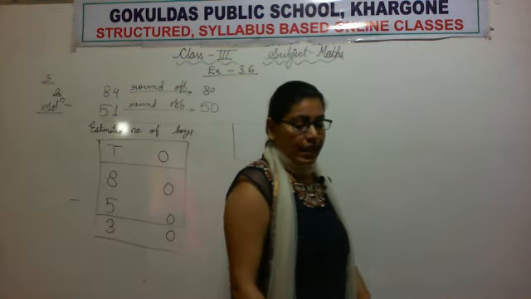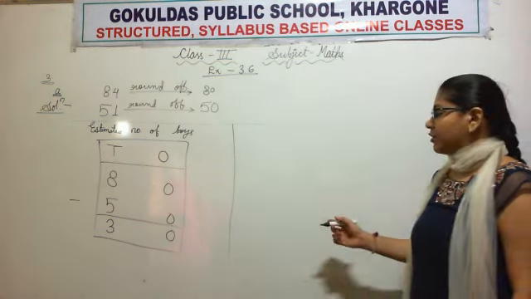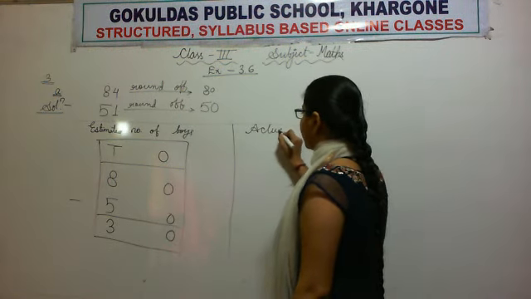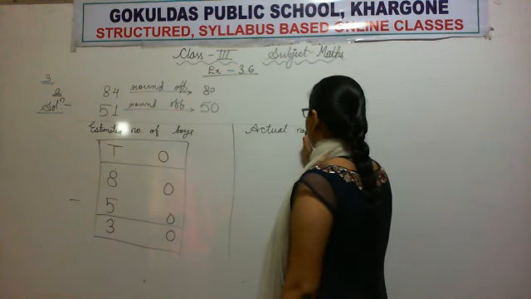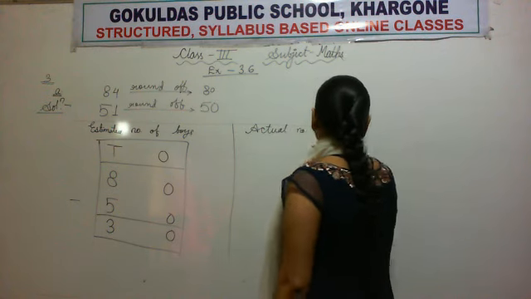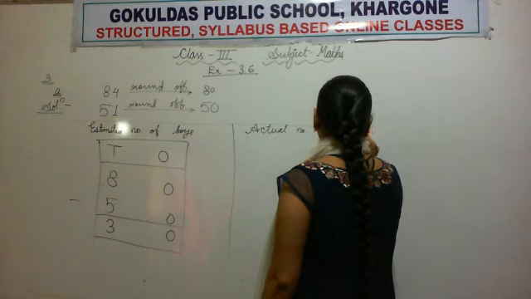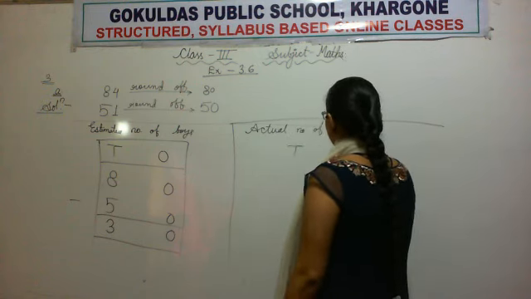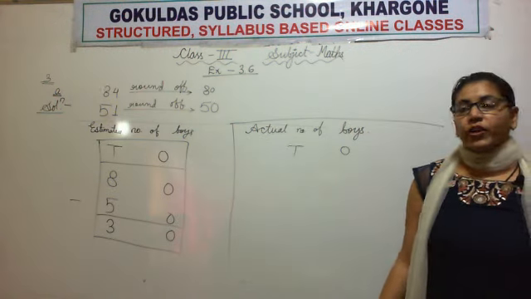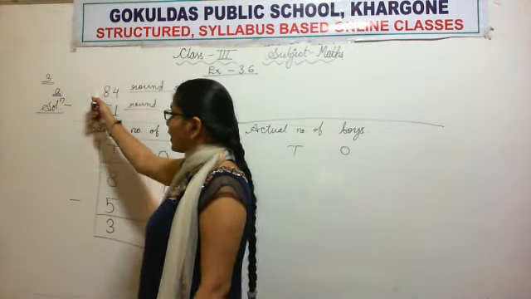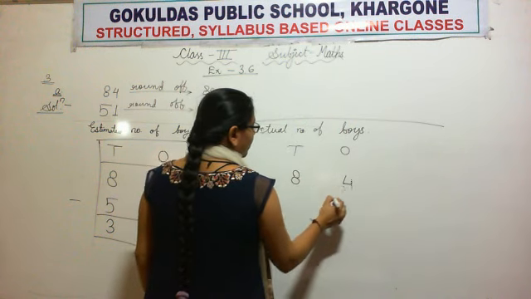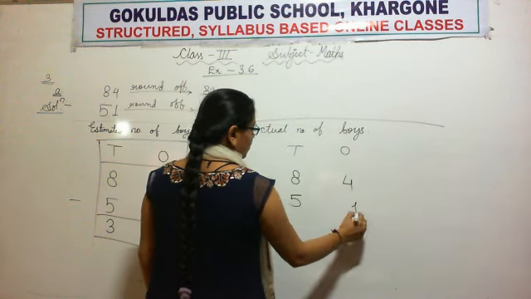This is estimated. Now let's calculate the actual number of boys. For getting the actual number of boys, we will take the actual values 84 and 51, writing ones below ones and tens below tens.